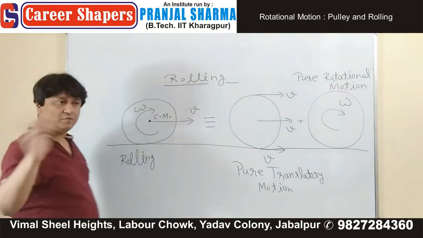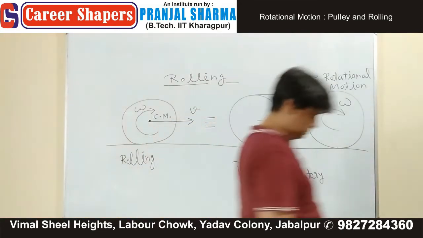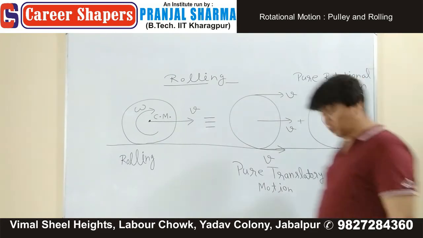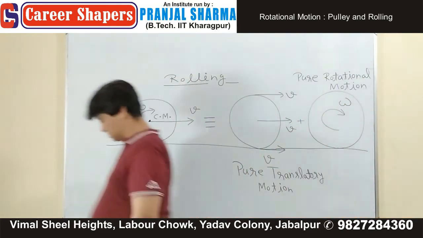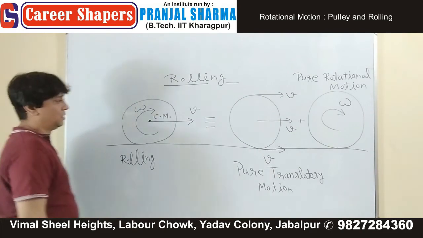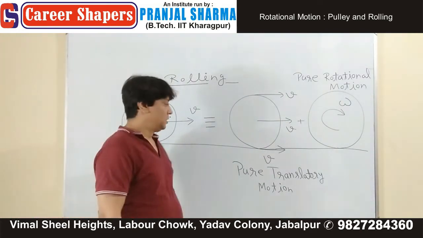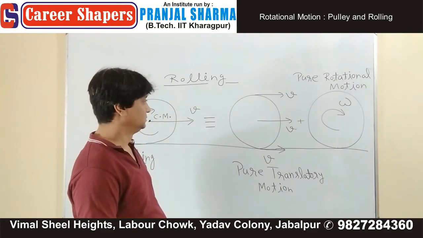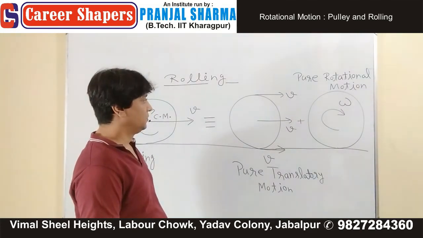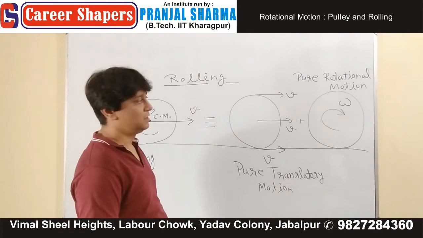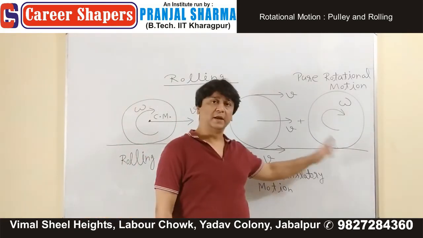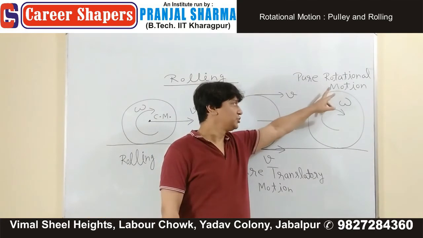Write down this. If an observer inside a moving car looks at the wheels, then he will find only rotational motion.